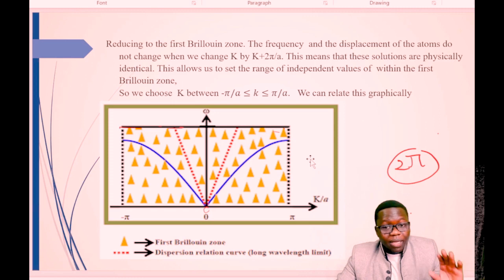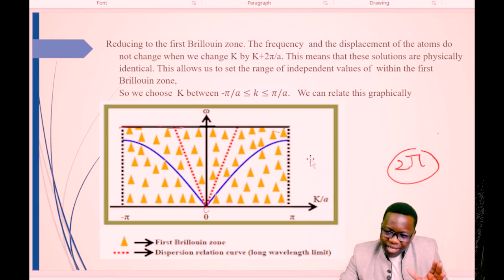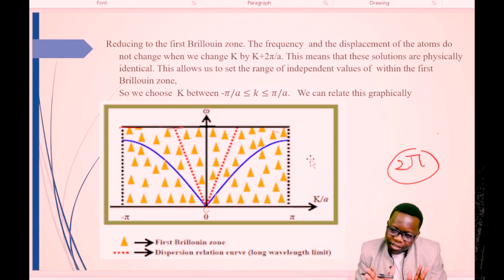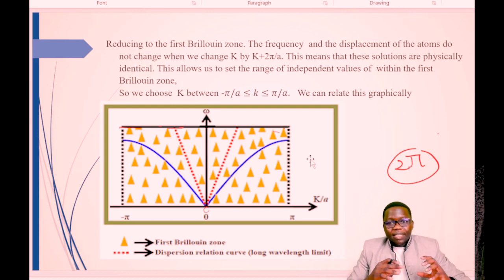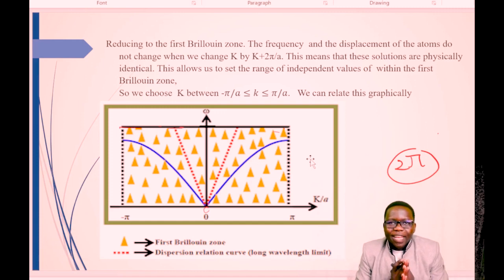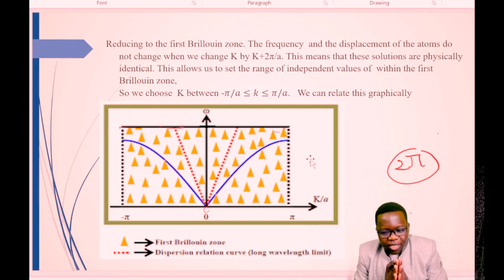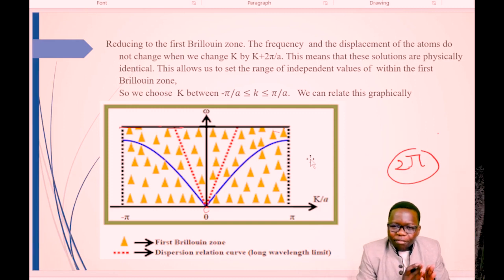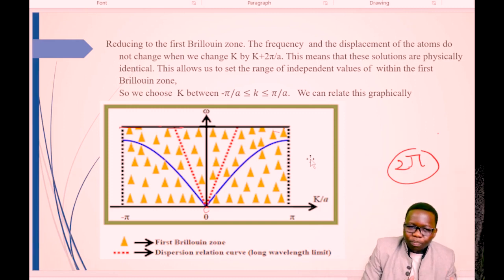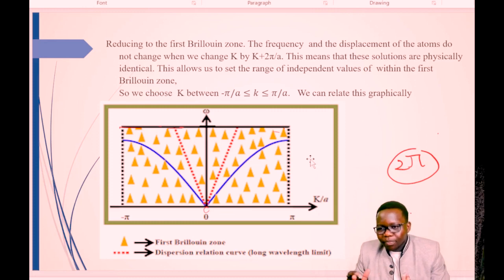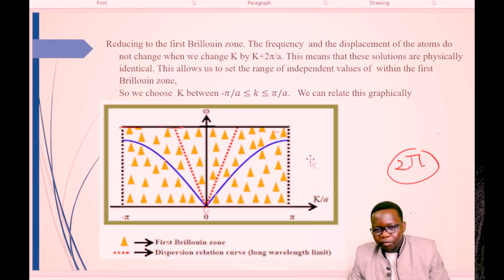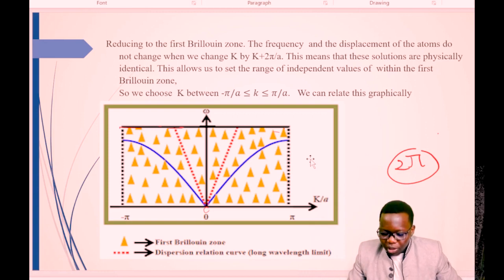So let's look at the very first Brillouin zone. We want to set a standard for us to study, something quite constant, a small range. Let's have k values that range from minus pi over a to plus pi over a, negative to positive. That's just along the Brillouin zone.